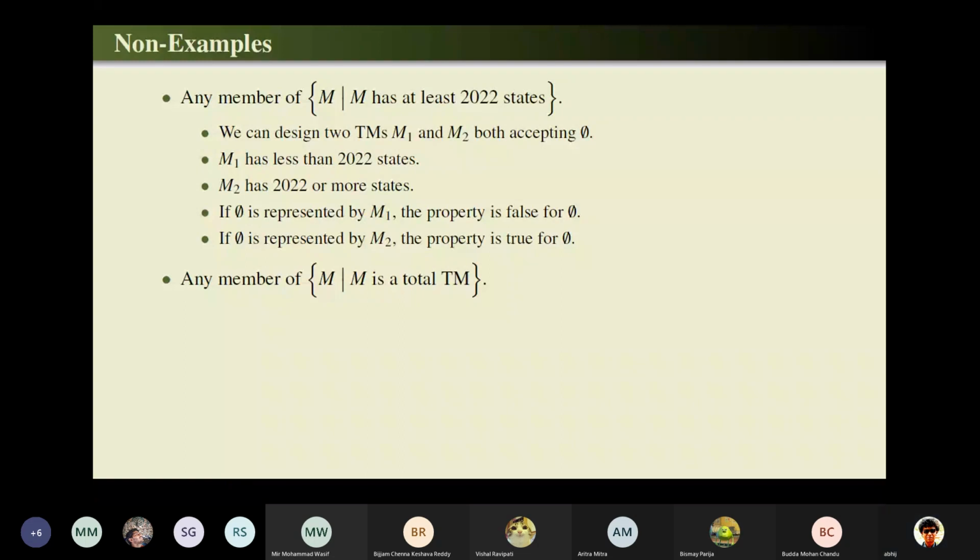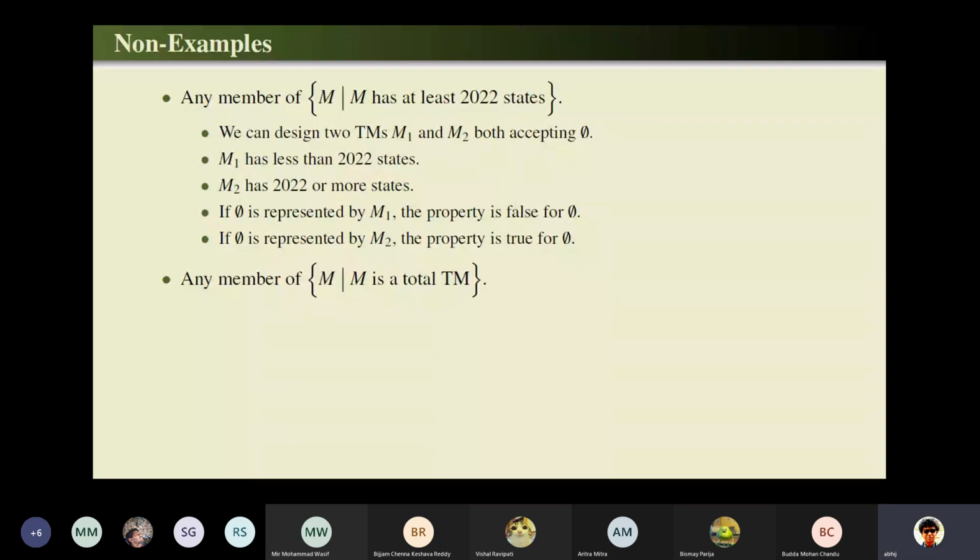In that sense, being a total Turing machine is often a property of the machine, not of recursive languages or non-recursive languages.